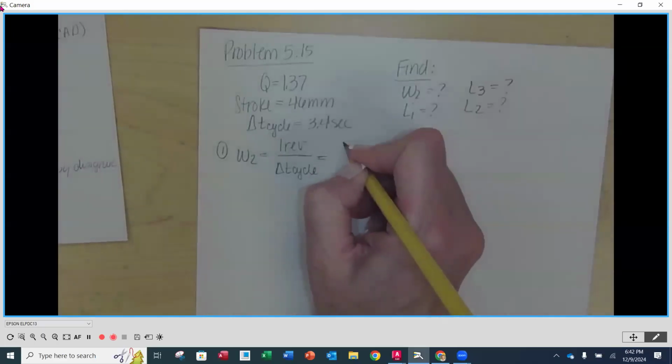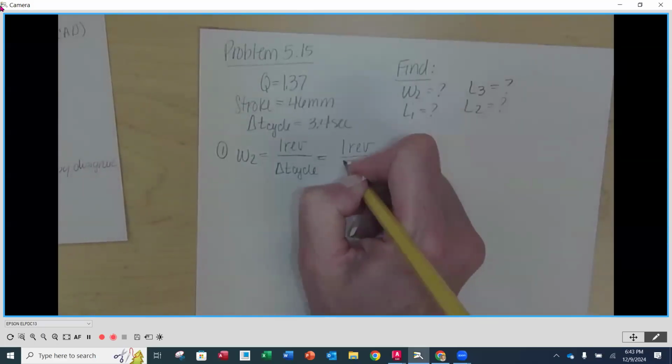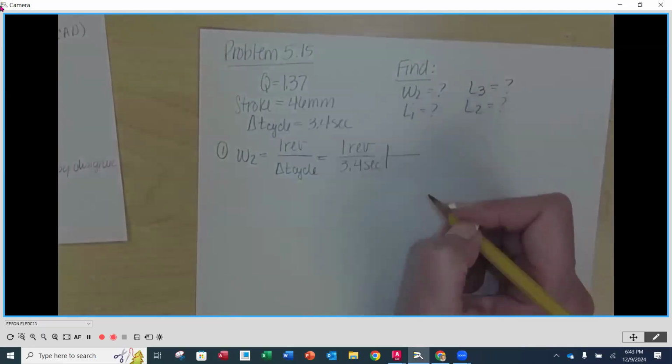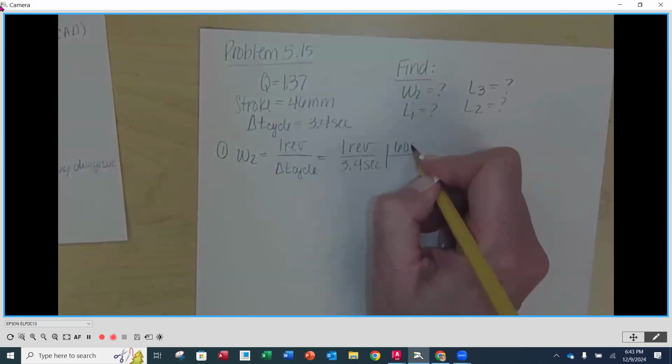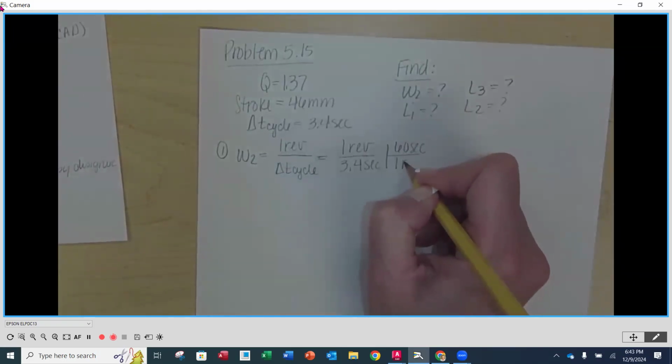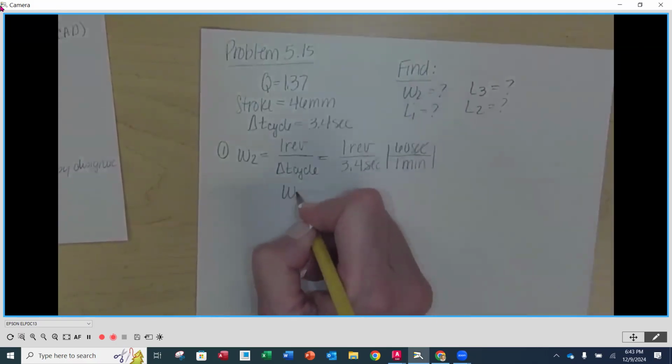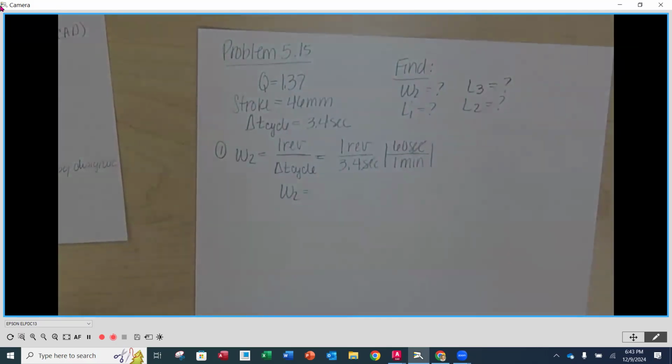That's going to be 1 revolution over 3.4 seconds. And I want to report that in RPM, so it's going to be 60 seconds on top, 1 minute on the bottom. Seconds cancel. And my W2, what do we get for the rotational speed in RPMs?